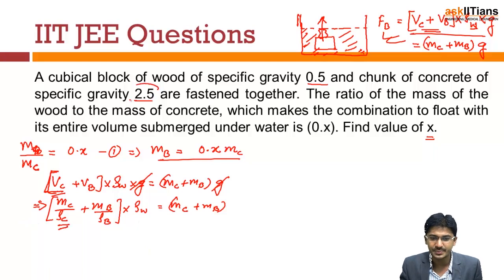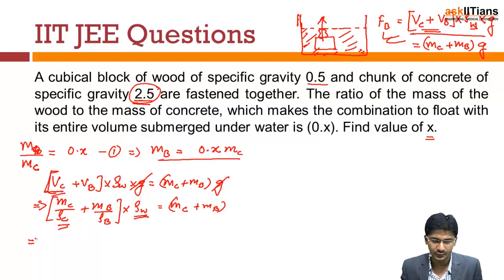Since its specific gravity is 2.5, the density of concrete will be 2.5 times the density of water, because we know specific gravity is the relative density with respect to water.